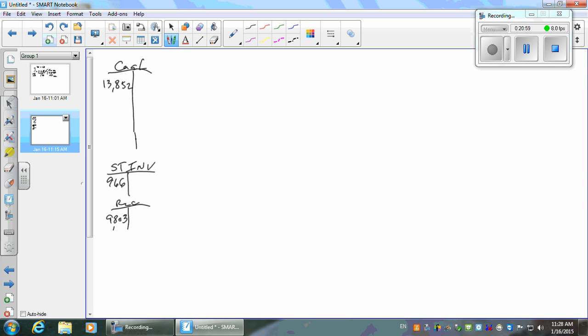What else? Inventories. How much is that? 1404. What else do they have? Other current assets, I guess. How do I know they're current? Because they're listed under current assets. How much? 342.